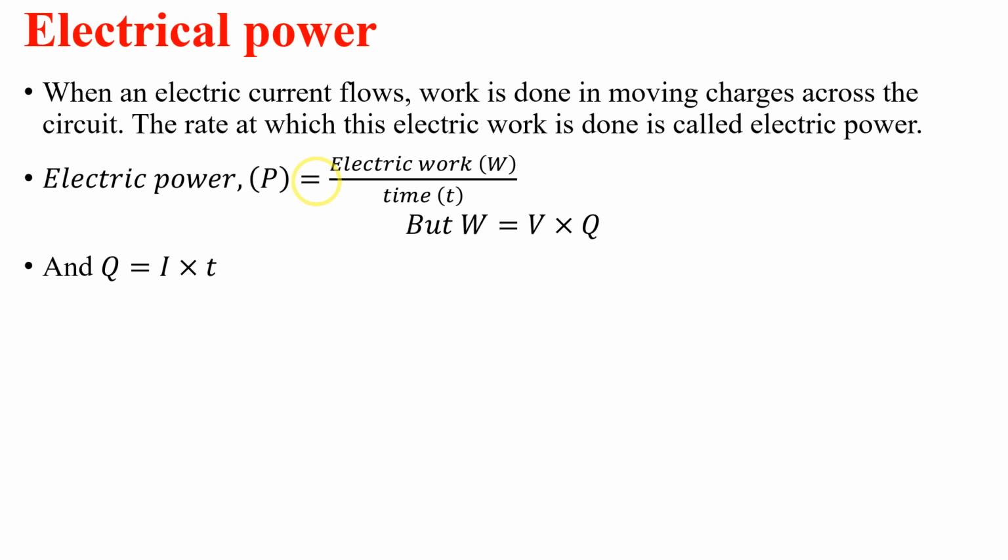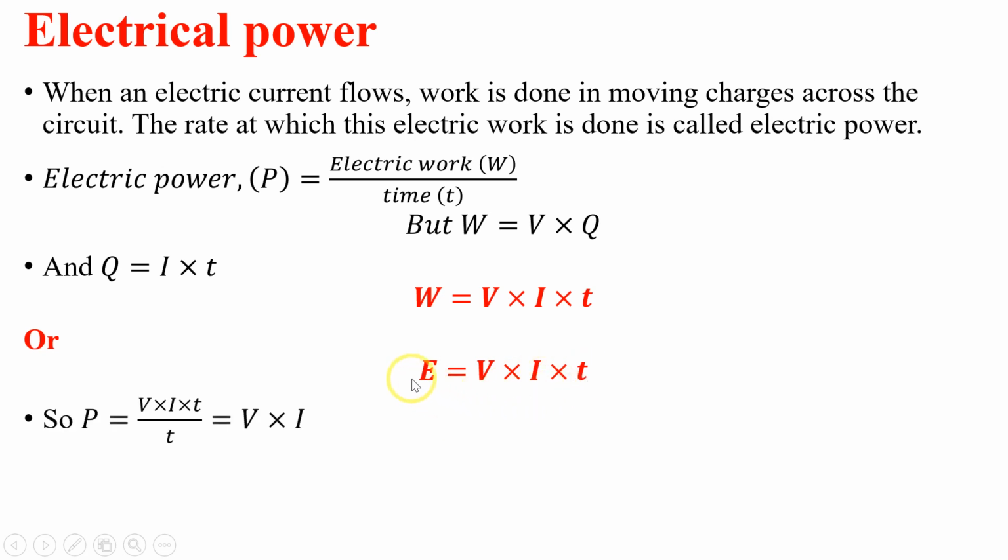Putting the value of charge in the above equation, we get electrical work to be voltage multiplied by current multiplied by time, and so the electrical energy is equal to voltage into current into time.